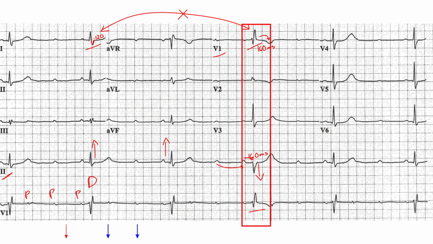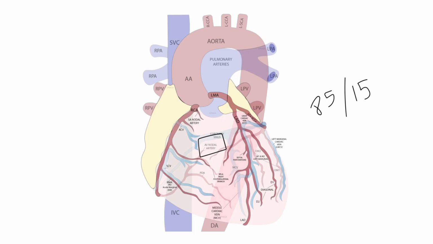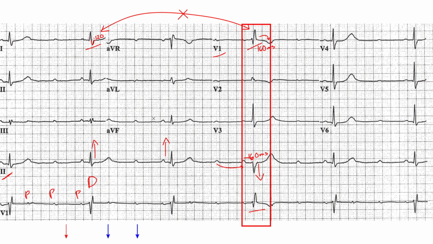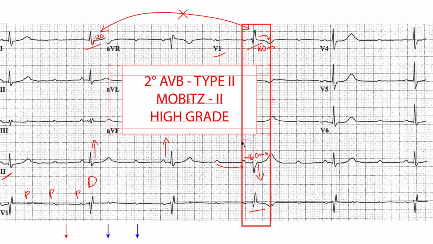So now that I've opened up several different topics, and maybe you're a little more confused than you were when you started this video, I want to bring back this nice little white screen that tells you what it is. Here we were looking at a second degree type 2 Mobitz-II AV block, so atrioventricular block, but this is a high-grade version of it.